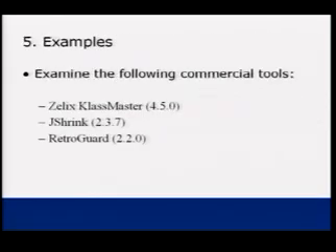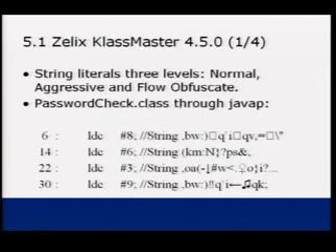Now, if we look at the particular fingerprints within particular tools, ZX Classmaster is just an example, and they're using string encryption, for example. If you look at the string values here in the bytecode, they definitely don't look like normal ASCII printable text.